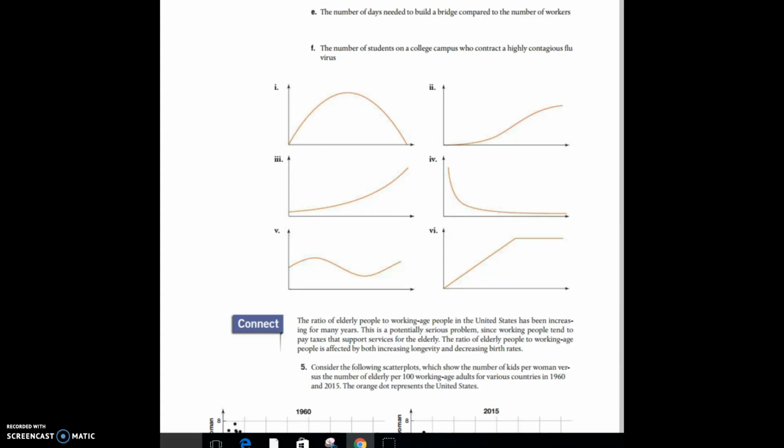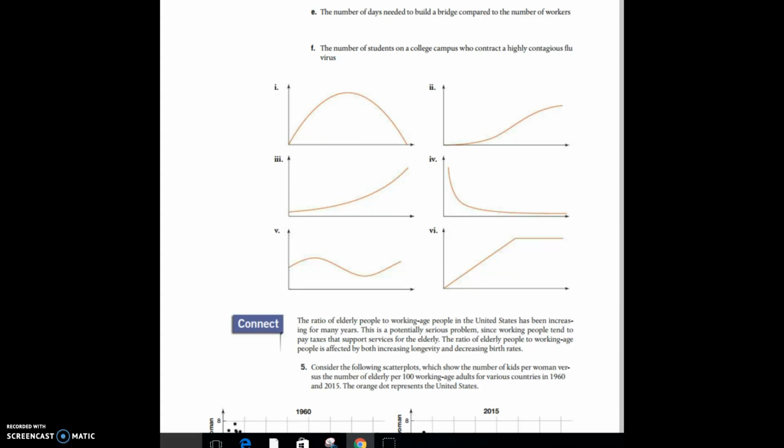And so the last one, the one we haven't done yet, is this guy. This is going to go F, the number of students on a college campus who get a highly contagious flu. Time in days is here, and then the number of cases, or number of students, is going to be here. What happens is nobody has it, then somebody gets infected. They infect other people.